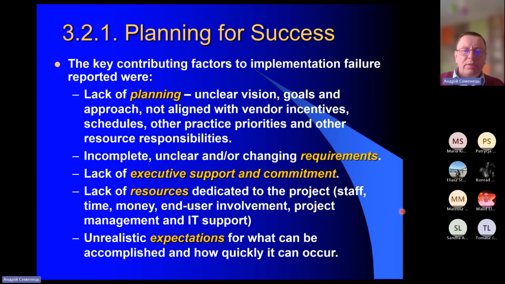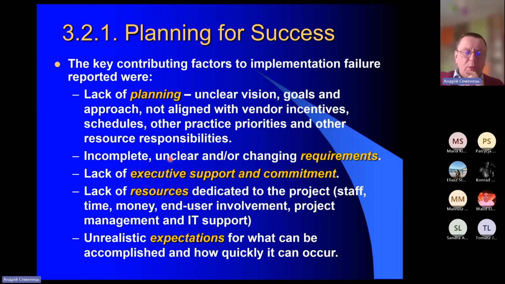If we talk about factors which led to failures, it's of course lack of training, unclear vision or goals and approach, or incomplete, unclear and changing requirements, lack of executive support and commitment.